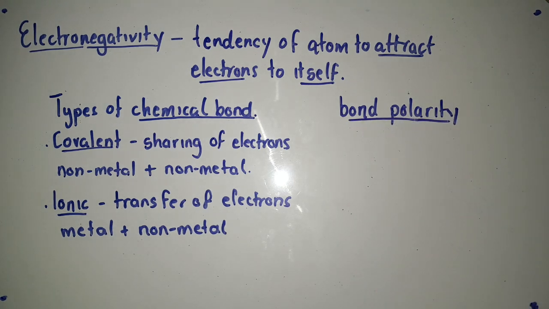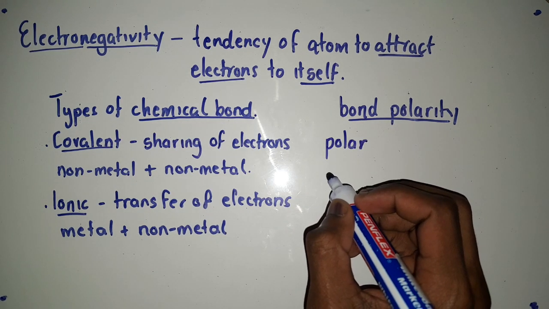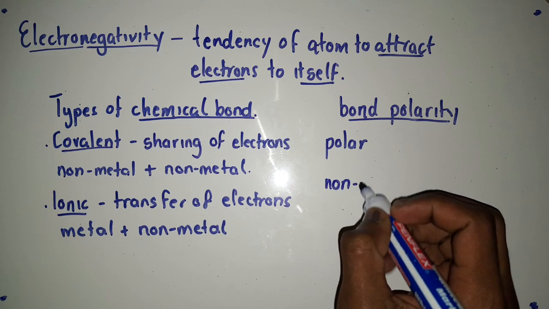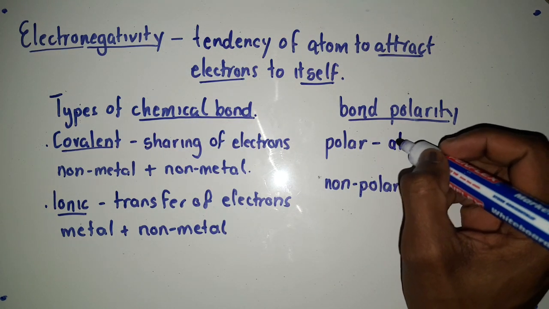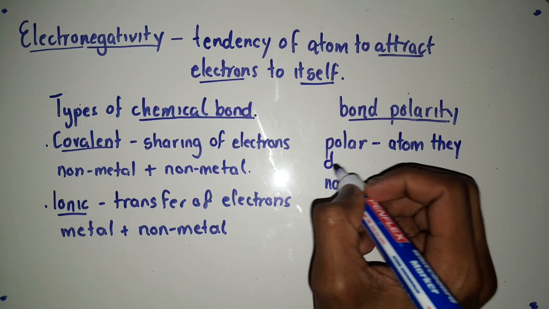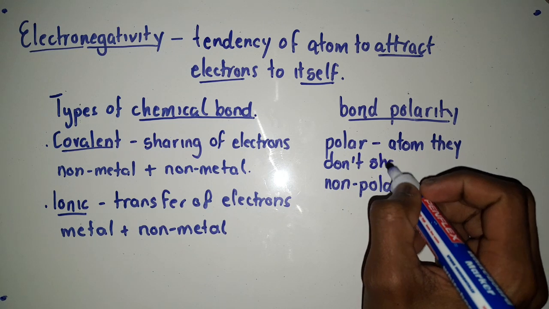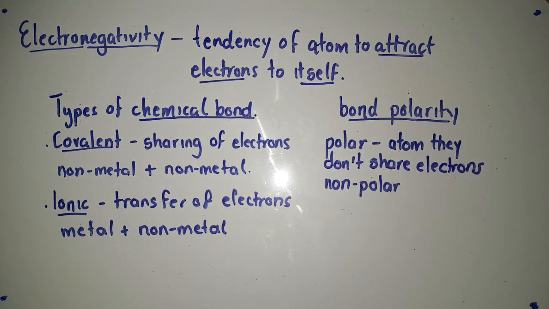Under covalent, we have polar and non-polar covalent. In a polar covalent bond, the atoms don't share electrons equally.